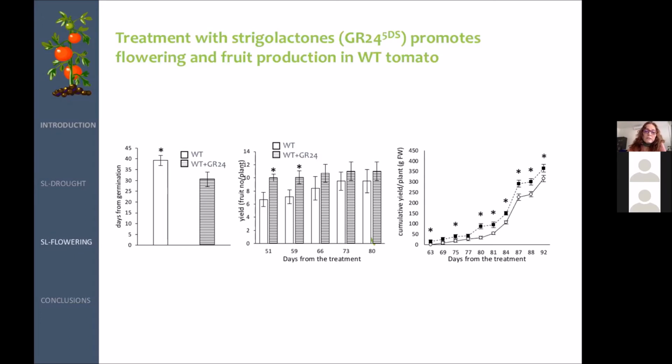And we increase yield in terms of fruit number per plant, especially at the early harvesting. And the cumulative yield maintains this difference, this gain of the treated versus untreated plants. So does this treatment also induce any marker of floral transition? We started investigating from obvious candidates first.